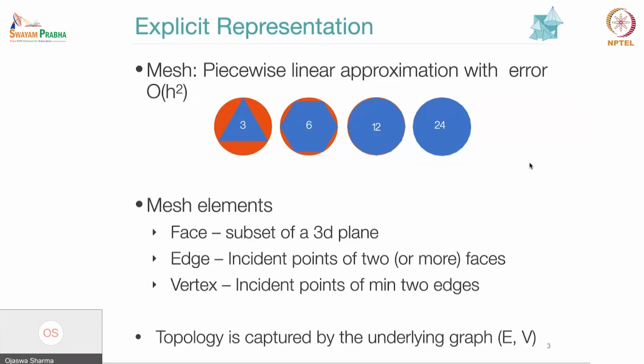There is always an inherent error in this type of representation, and that error turns out to be order h square, where h is the maximum perpendicular distance between the line segment and the circle. So that's my piecewise linear approximation in 2D, which is known as a mesh.